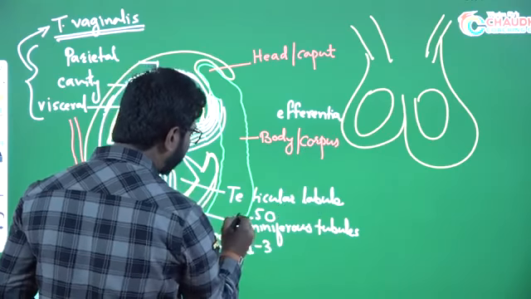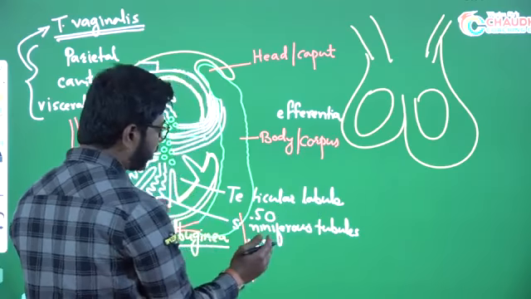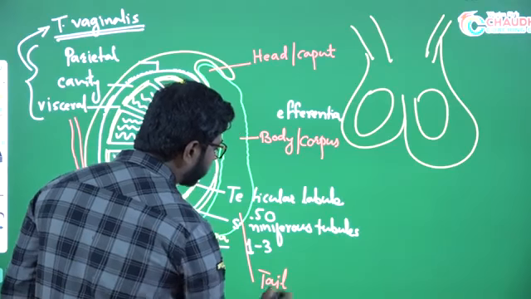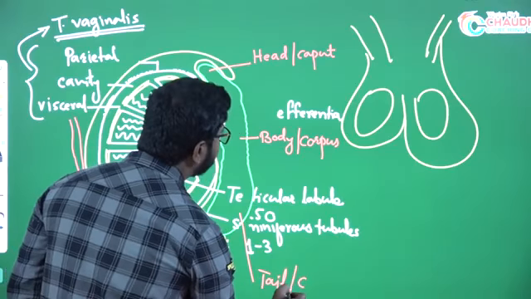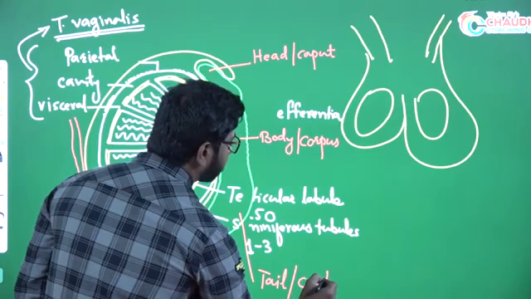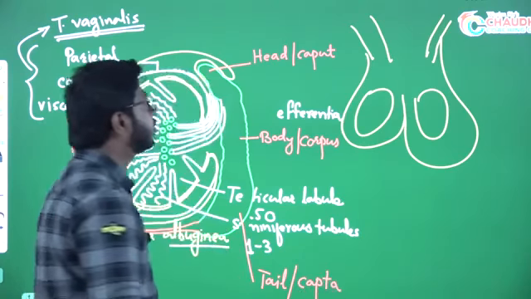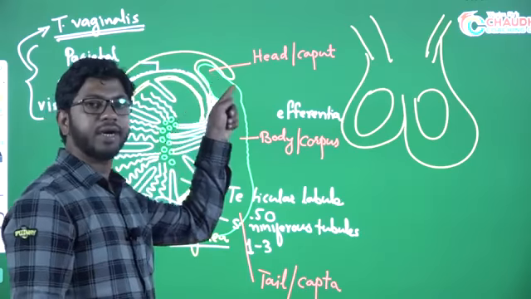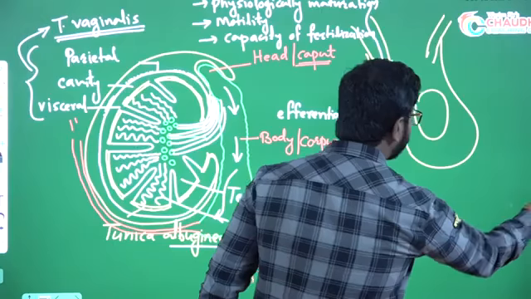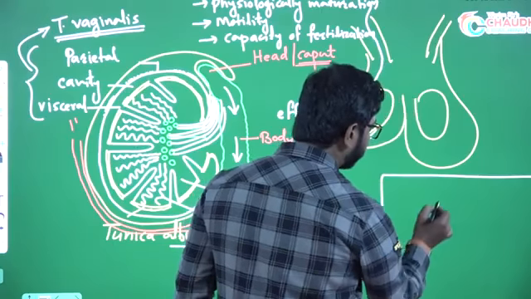The lowest part is again a swollen structure. It is called the tail of epididymis, and tail is also called cauda. So head of epididymis, body of epididymis, and tail look like this.